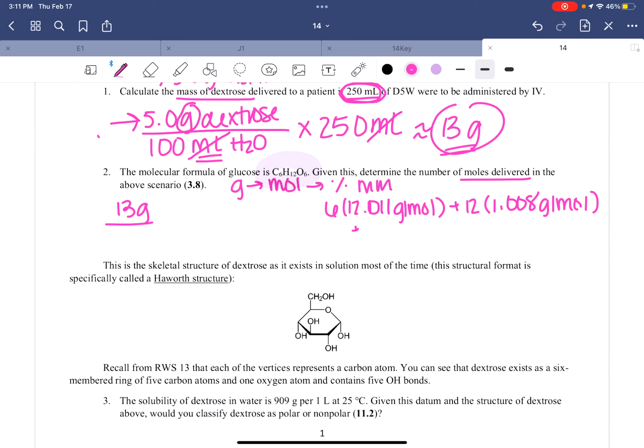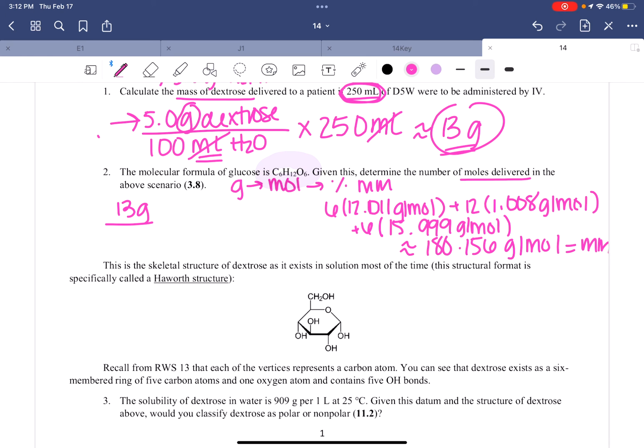And then finally, we're going to add those 6 oxygens, which each have a mass of 15.999 grams per mole. So if you plug all of this into your calculator, you get approximately 180.156 grams per mole. So that is our molar mass.